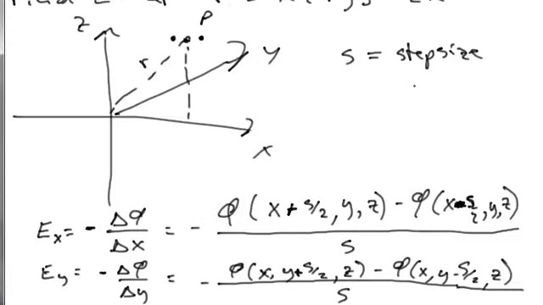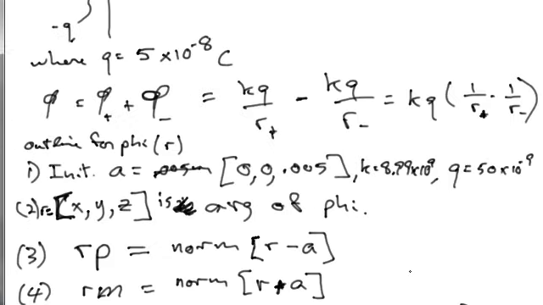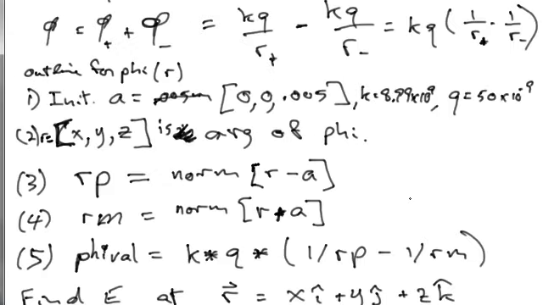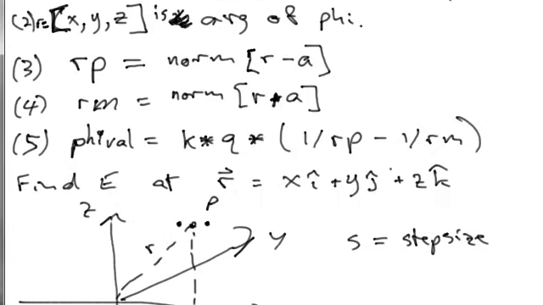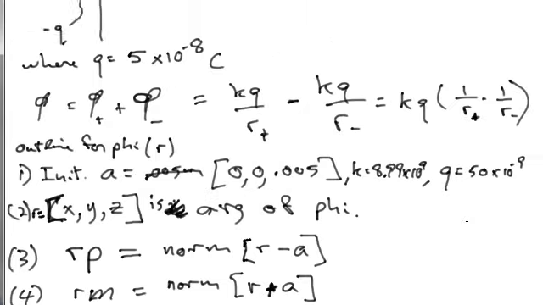I got what I consider a full algebraic solution here. I'll write in return, this is what I'm returning to the user. Phi val, kq over r positive minus kq over r negative is what it's equivalent to.